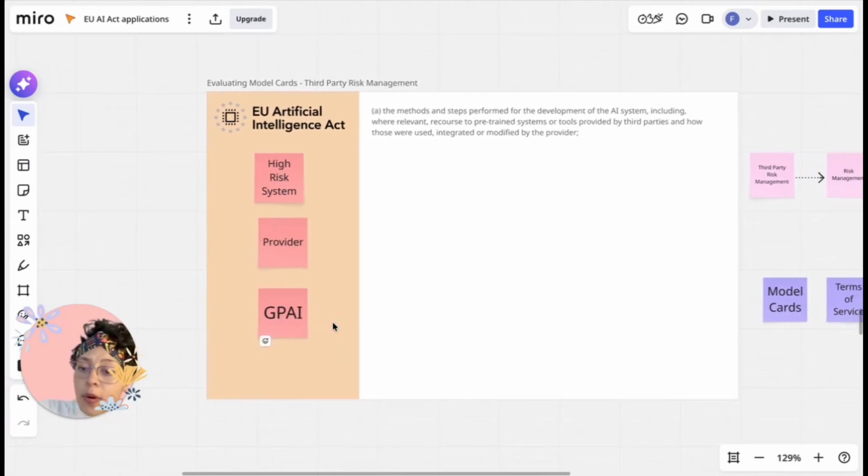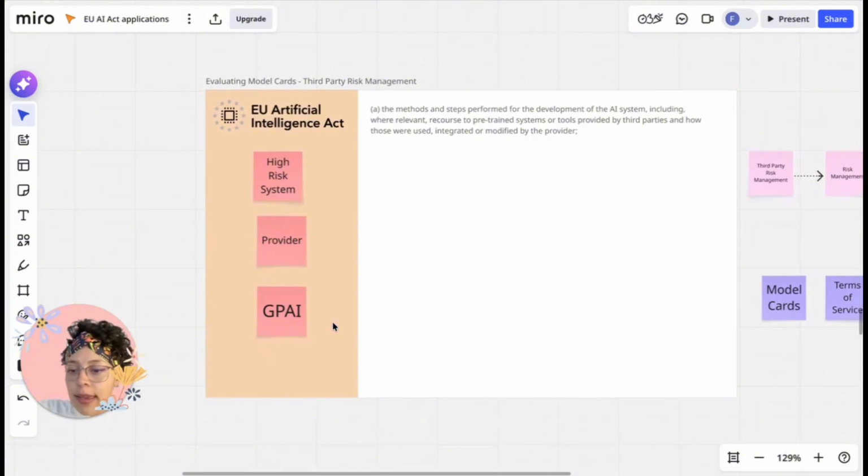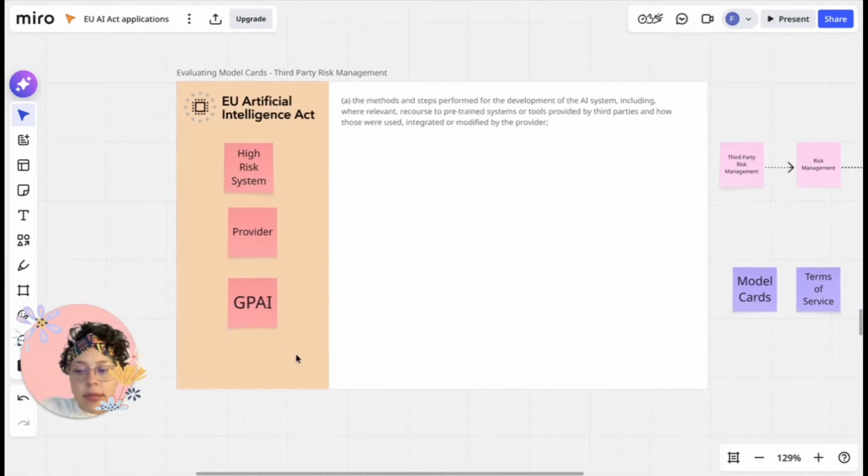What does general purpose mean? In general, the foundational models available in the market that provide general purpose. With this GPAI, you develop your high-risk system.